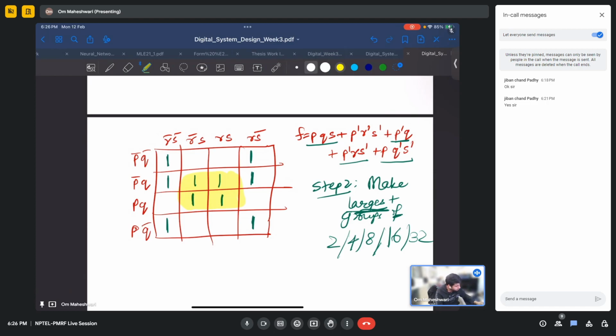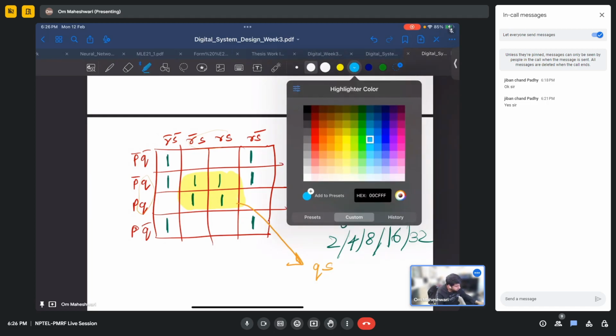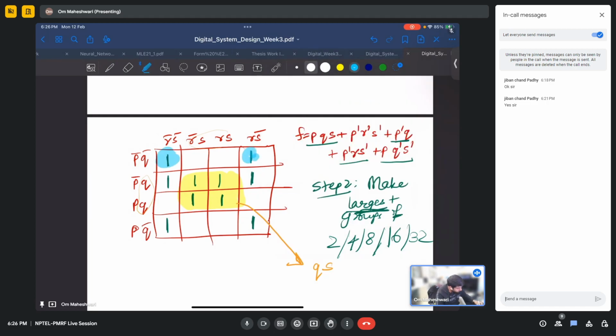So this corresponds to, let us write, here it is Q, here this is S. This is QS. Now another one I can form is, take these corner 4.